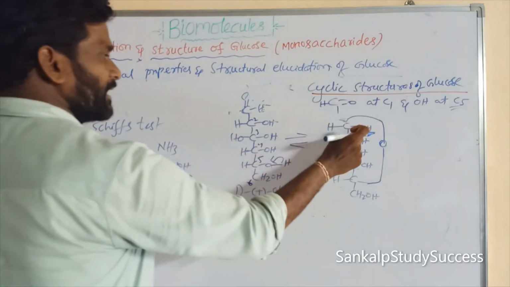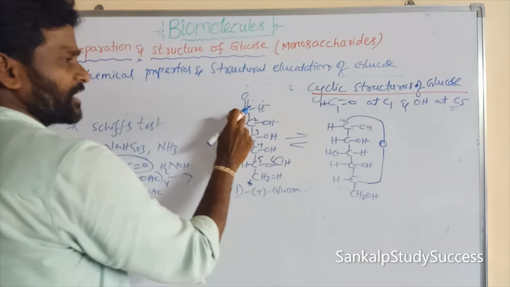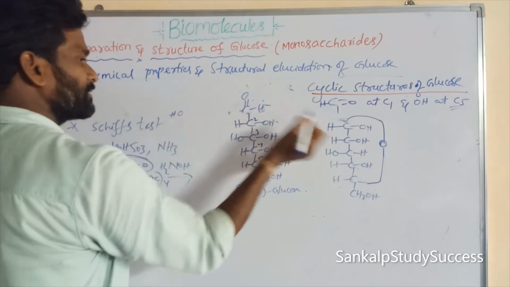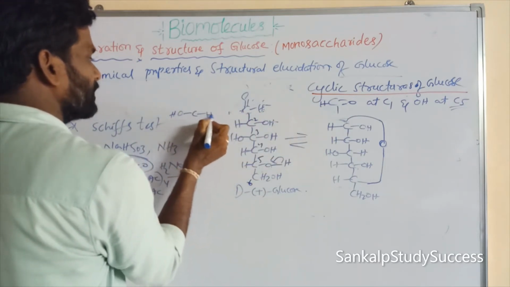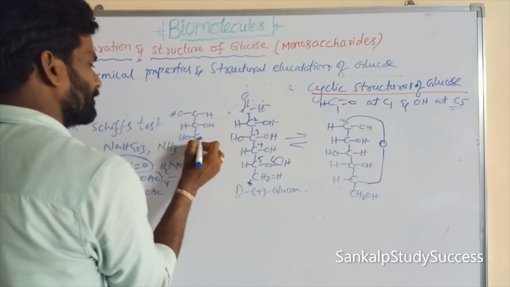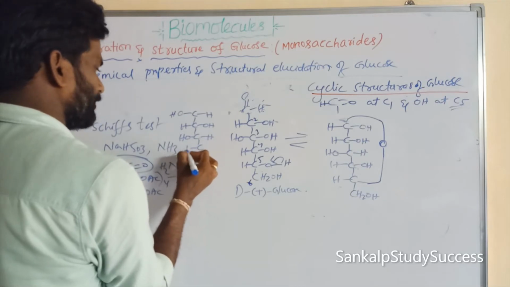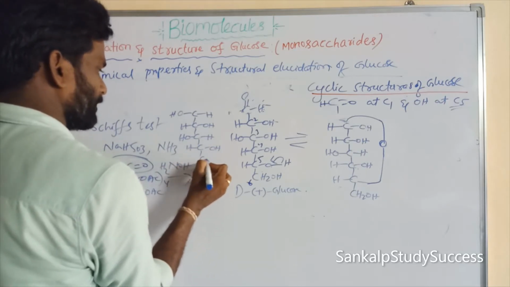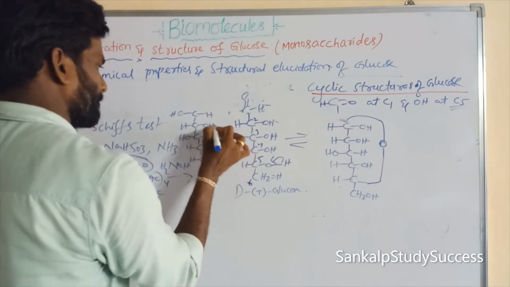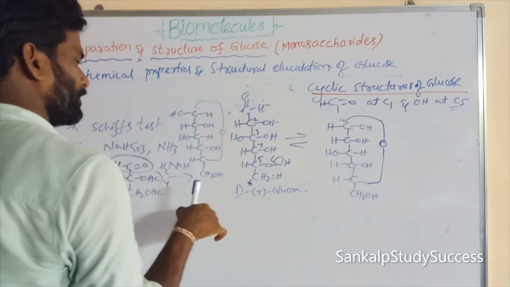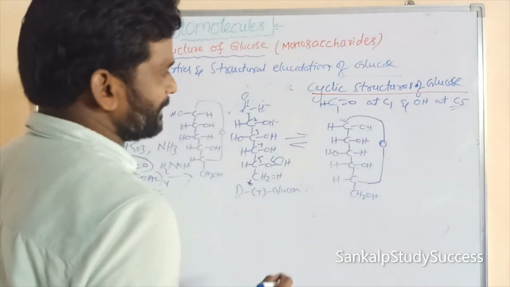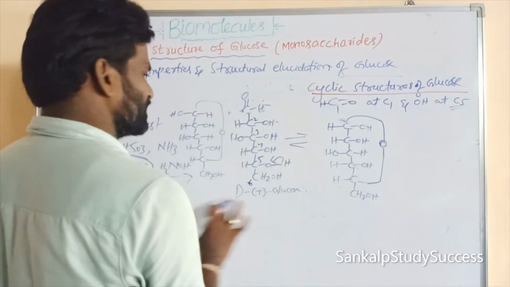If that OH is written on the left side, the remaining carbons can be written as it is. Here OH is present on the right side, here OH is present on the left side. So these two are isomers.